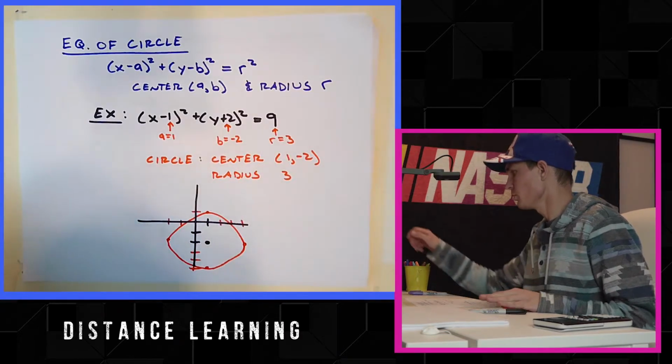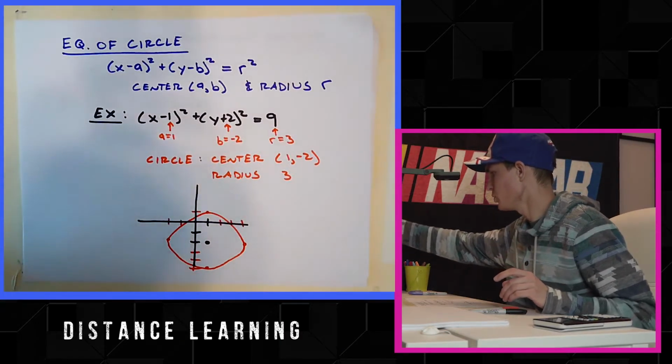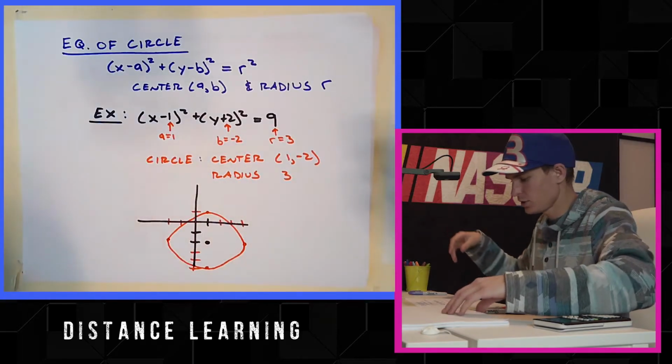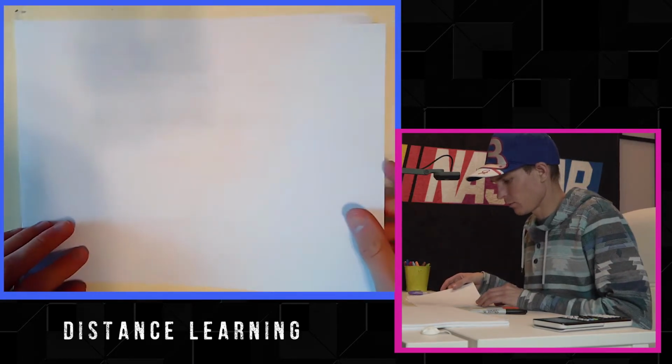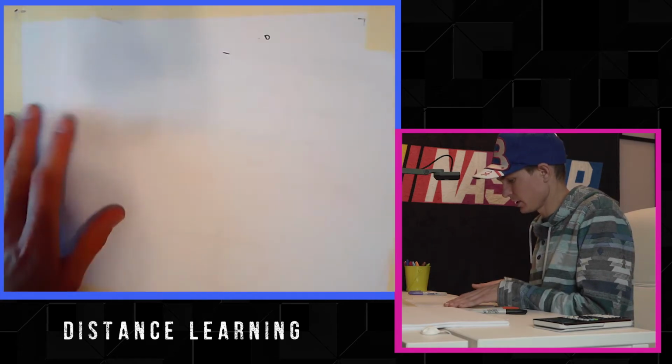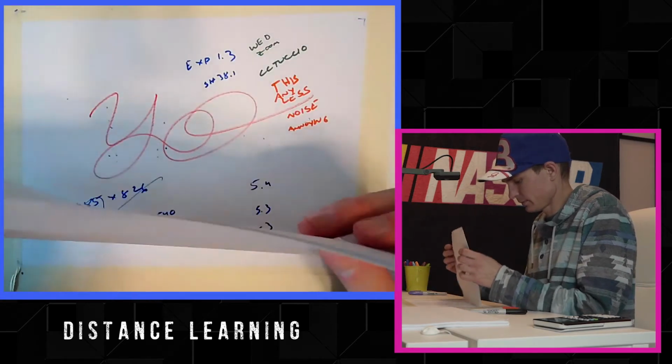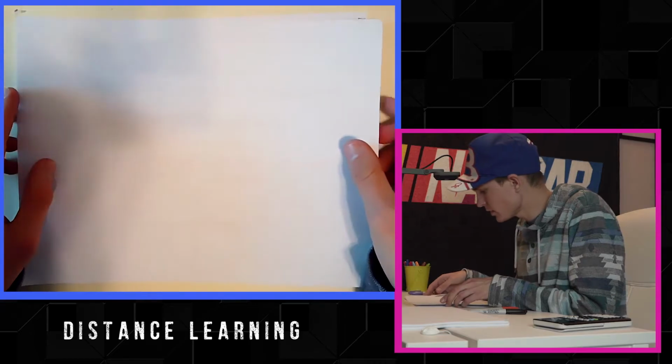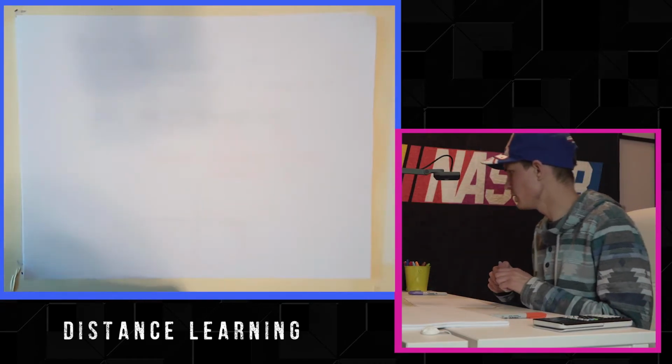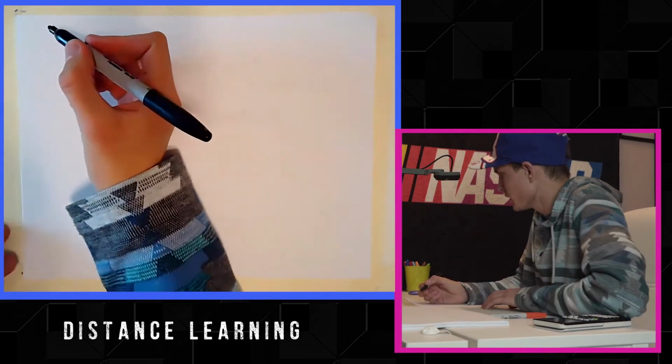So, according to your book, we're done. Let me do one example showing you why we needed the distance formula for this section, because right now I don't understand why that was included. So, let's look at number 36 in our book.